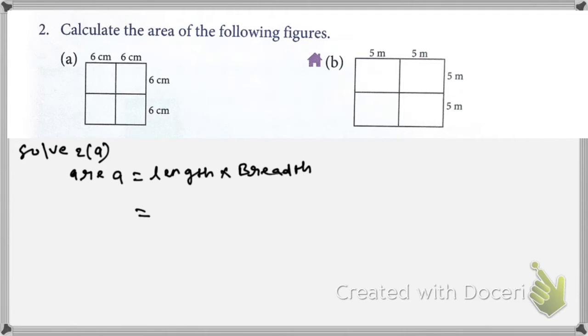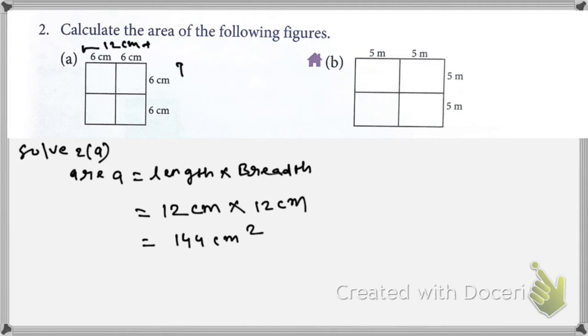What is the length here? 6 plus 6 is 12 centimeter, and here also 12 centimeter, so the answer is 144 centimeter square. You can see here that it is 12 centimeter and it is 12 centimeter.